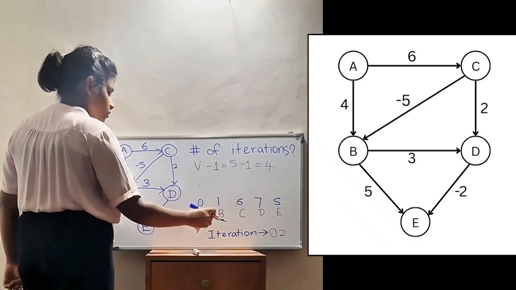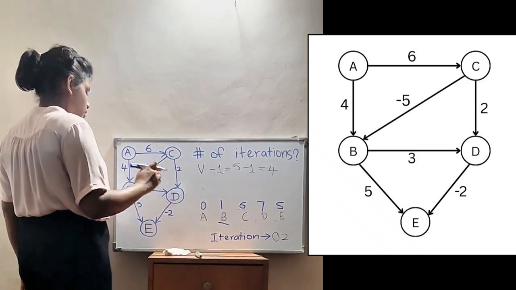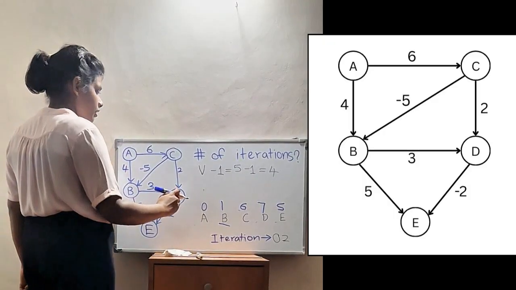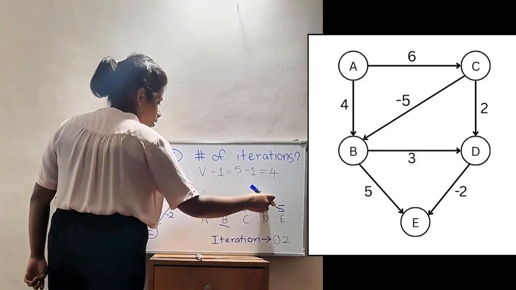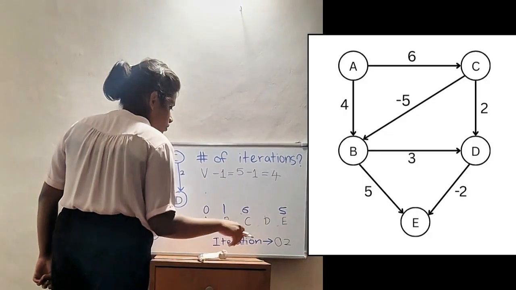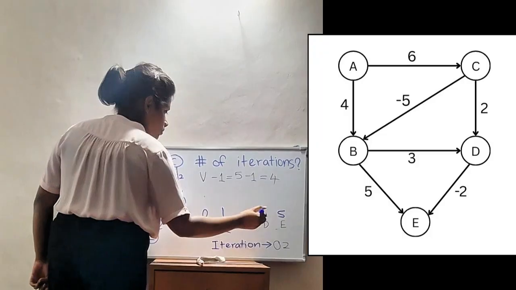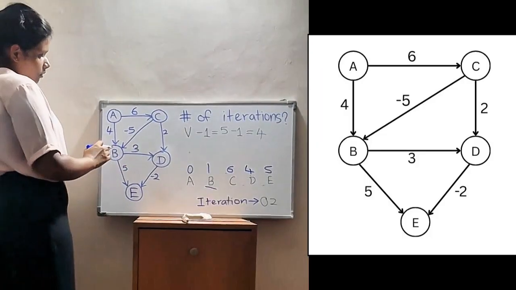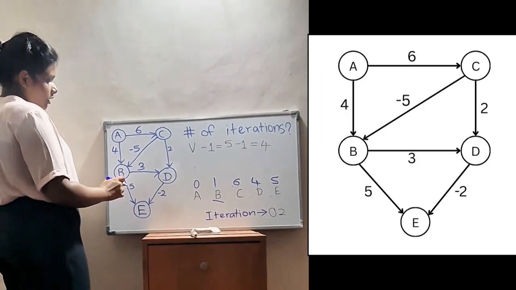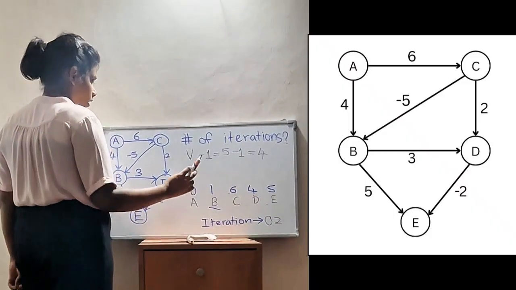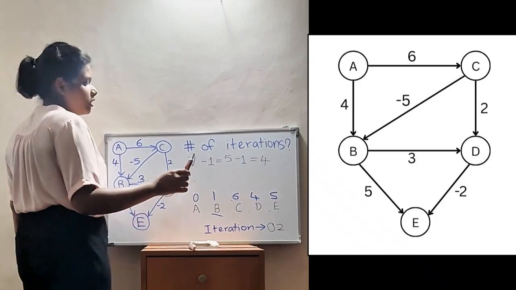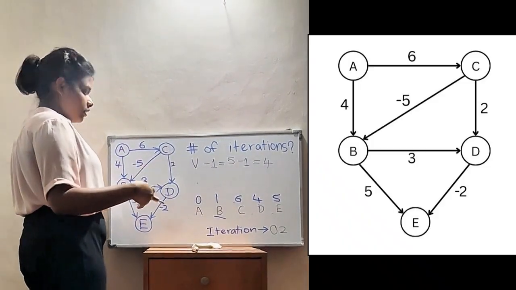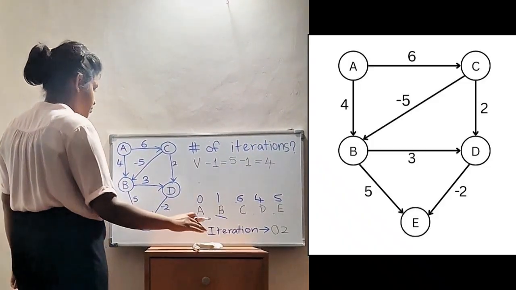Then going into B, B plus 3 is D. So 1 plus 3 is 4. We can update this as 4. And 1 plus 5 is 6. So we cannot update E because the current shortest path is defined as 5. So we cannot update.